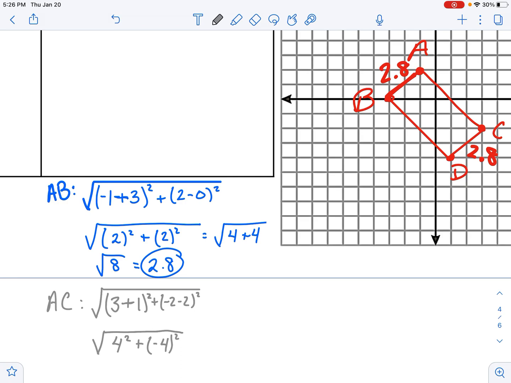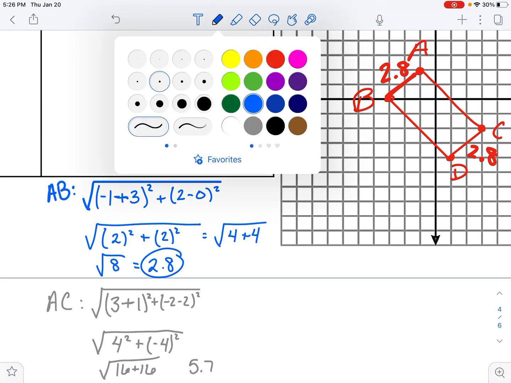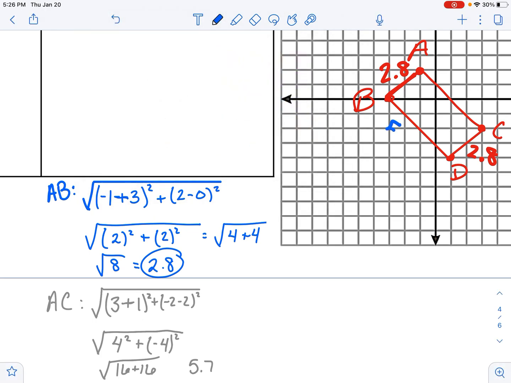But remember, when we type this into a calculator, if you forget your parentheses and it gives you a negative number, I cannot have a negative distance. So this is going to be the square root of 16 plus 16, or the square root of 32, which would be 5.7, or 5.65. So let's say I called this side length 5.7 and this side length 5.7.